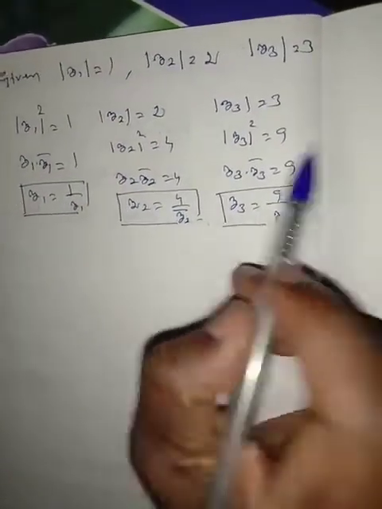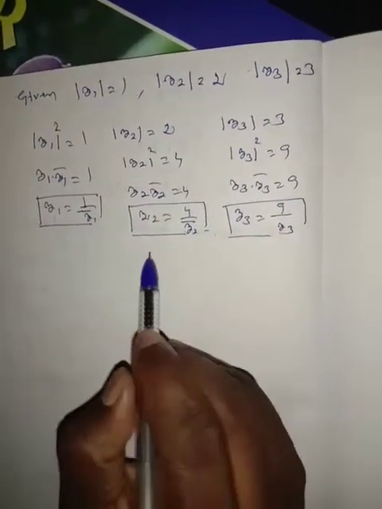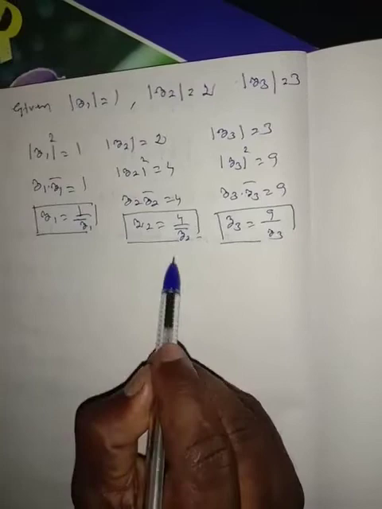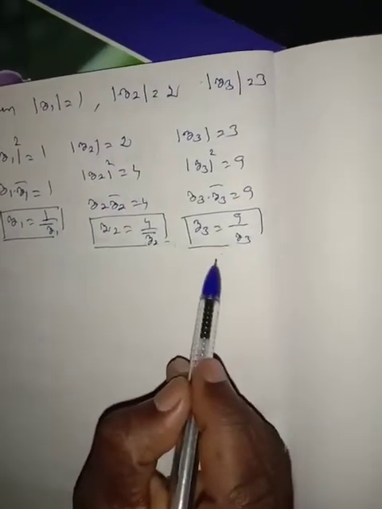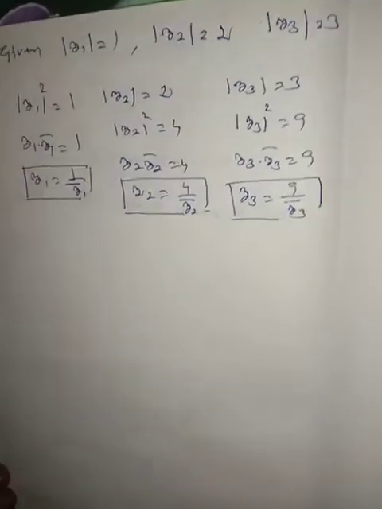Now Z1 is 1 by Z1 bar, Z2 is 4 divided by Z2 bar, and Z3 is 9 divided by Z3 bar.